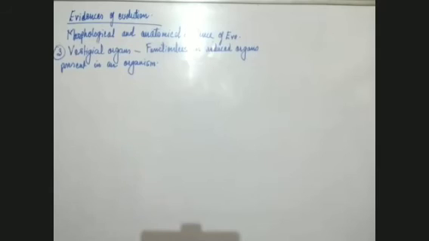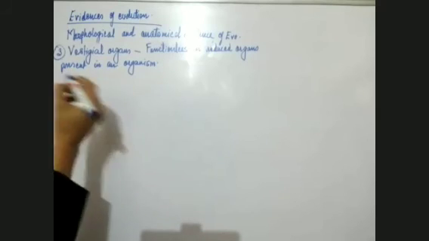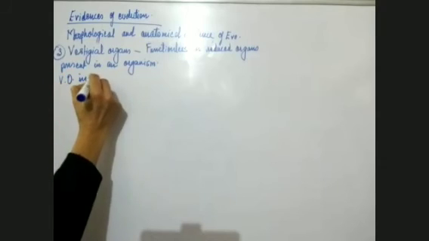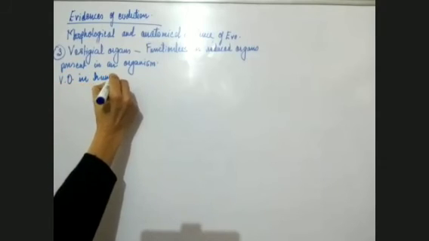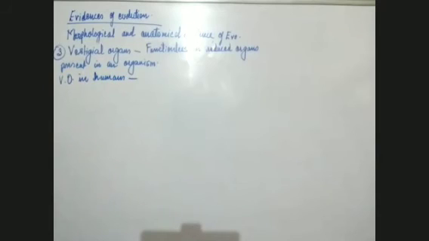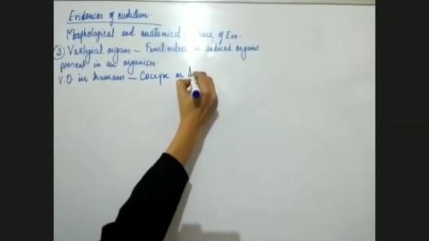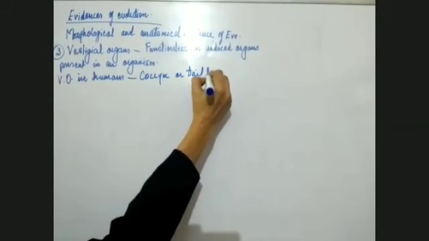Many such similar organs are present in the human body. So I'll give you a list of vestigial organs in humans. I'm just writing VO, vestigial organs in humans. The first is the coccyx, or the tailbone. Some people are born with it, and then they are unable to sit.